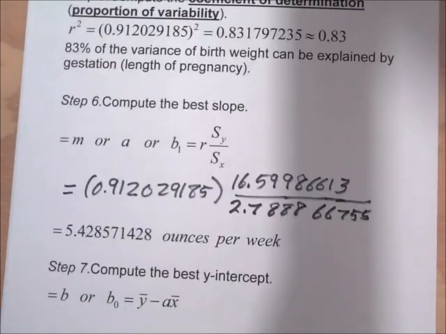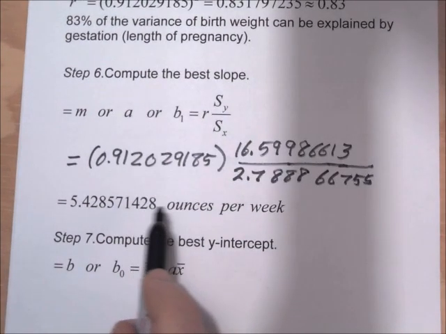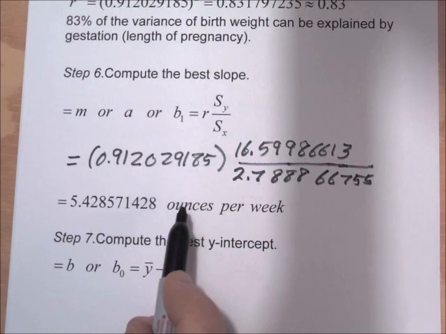Okay, so if we do that computation, it should come out to be about 5.42857 ounces per week. And again, the unit of measure for slope is always Y variable per X variable. Slope is a rate of change. It's not always emphasized.